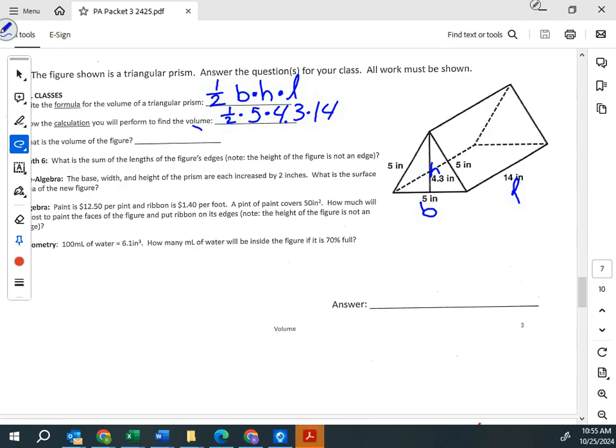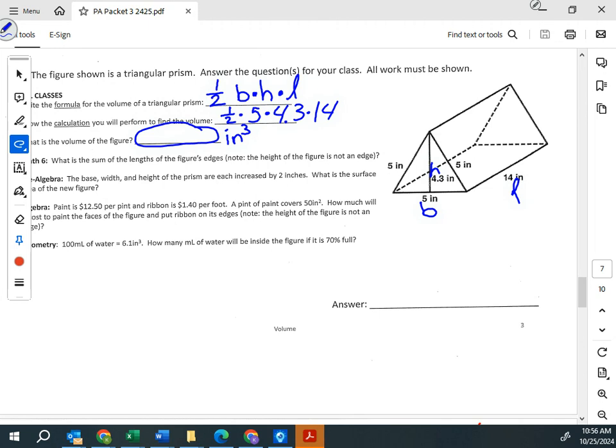You do the math and you put the answer here. Because we are multiplying 3 different inches together, our answer will be inches cubed. Inches to the 3rd power for the answer.